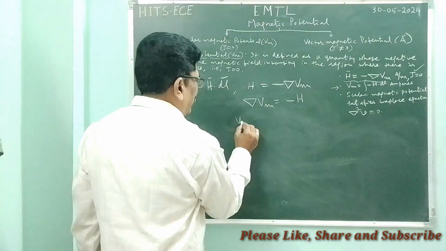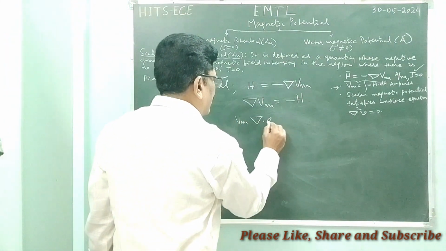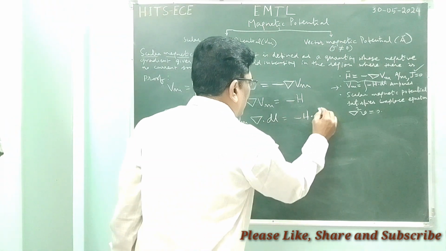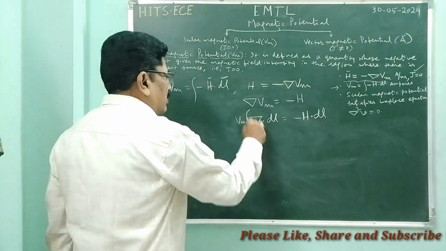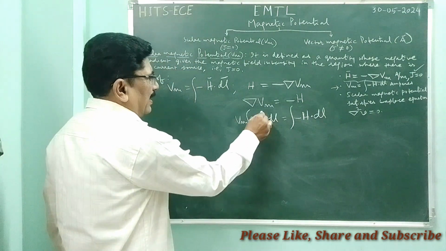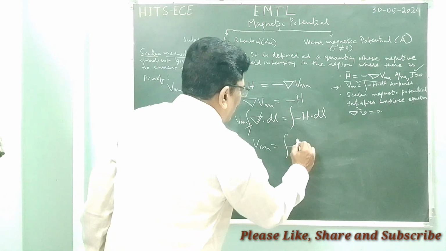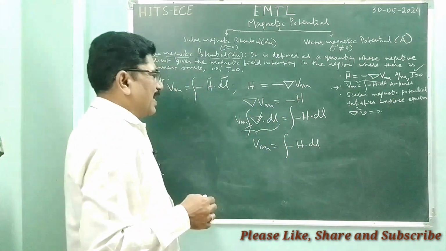So it will be del Vm dot dl is equal to minus H dot dl. Integrating on both sides with respect to dl, these two will get cancelled. So the remaining is Vm is equal to integral minus H dot dl. You should understand how it gets cancelled.